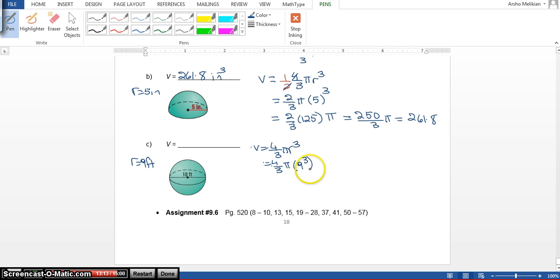So that's 4/3 times 729 times pi. And we do 4 times 729 times pi divided by 3. That gives 3053.6 feet cubed. Okay?